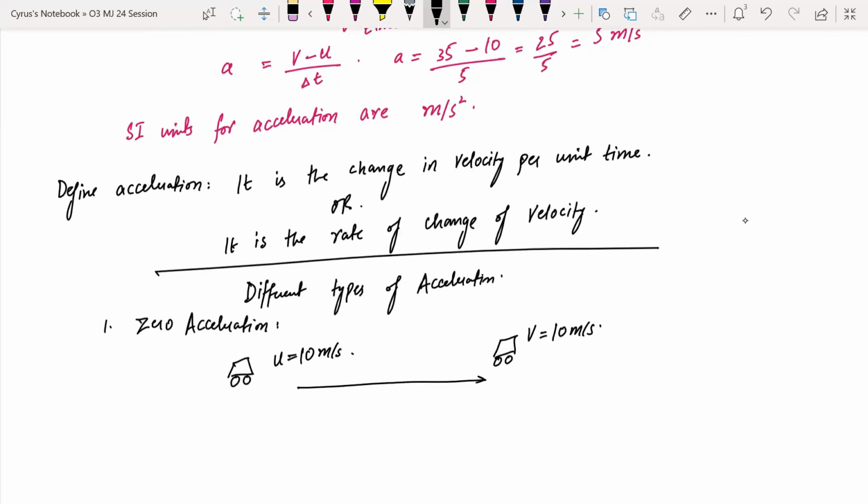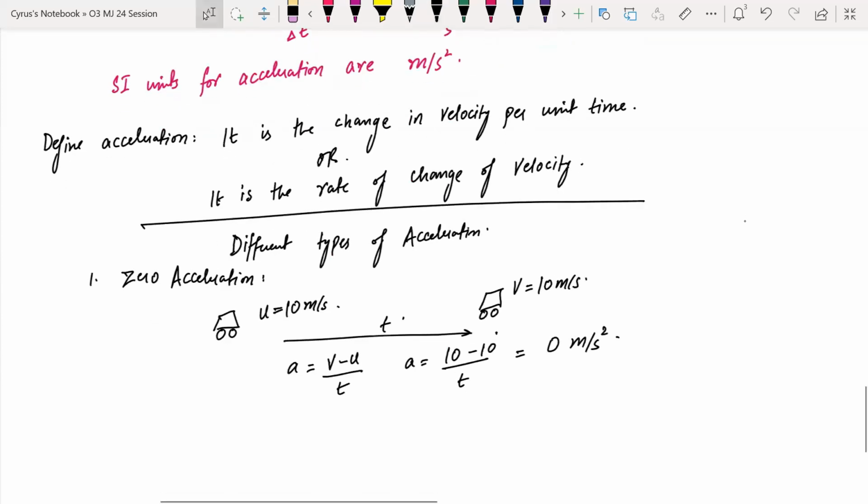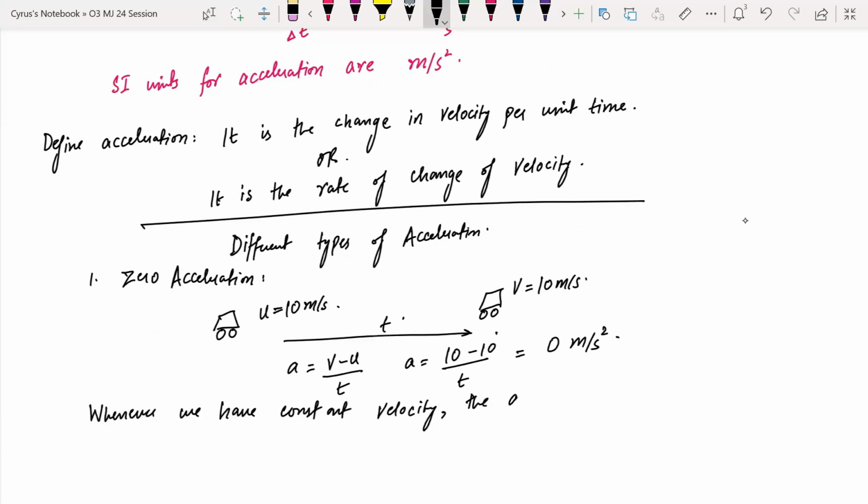It's moving at a constant velocity all the way. So acceleration is v minus u over t. This is 10 minus 10, and let's say the time is whatever, right? The answer is 0. So whenever we have constant velocity, acceleration is 0.